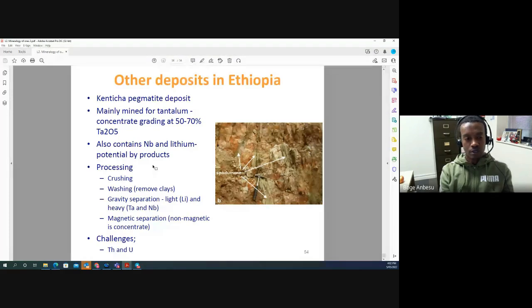We're not just creating some artificial processing method for a deposit that doesn't exist. We're talking about those types of processing because some deposits occur in that manner, and therefore our processing has to account for those variations in mineralogy.